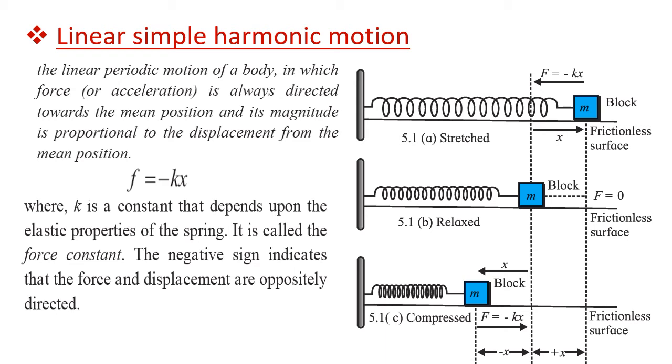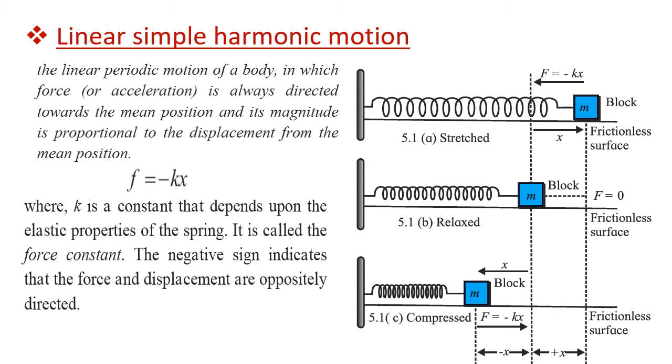Okay, so here also the mathematical statement of linear simple harmonic motion, that is F is equal to minus kx, is verified. When we are stretching the block in the right direction, the displacement x is in the right direction, but the internal restoring force is acting along the left direction. So F is equal to minus kx is verified.